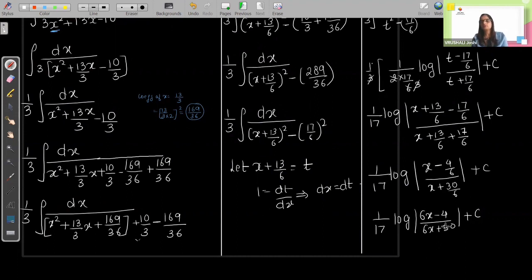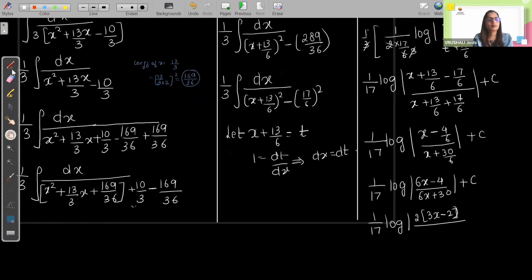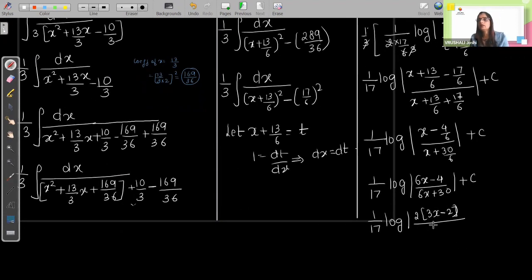गेटिंग इट? यहाँ पे you can take 2 out. 1/17 log of modulus, यहाँ पे you can take 2 out. This is 3x minus 2 and divided by, I'll minimize the board after a while, 1 second. और यहाँ पे भी एक 2 बाहर निकाल देते हैं.